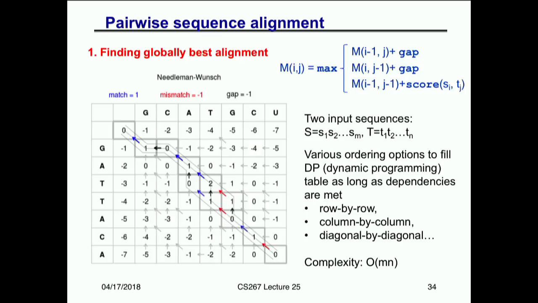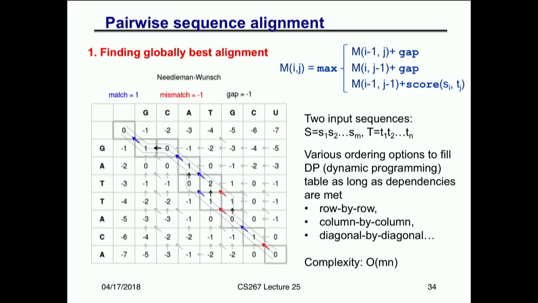It's either there was an insertion in sequence 1 that didn't exist in sequence 2, or there was an insertion in sequence 2 that didn't exist in sequence 1. And those cases are represented on the top two cases, where you just basically look at the score right above you or right to the left, plus whatever the penalty you put for missing an insertion. I call them the gap penalty.